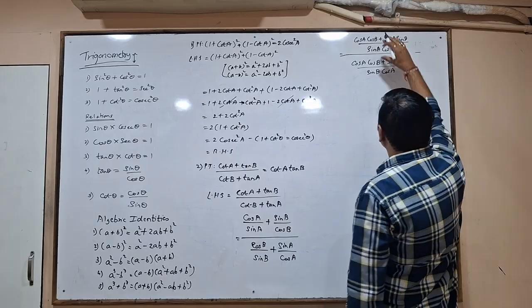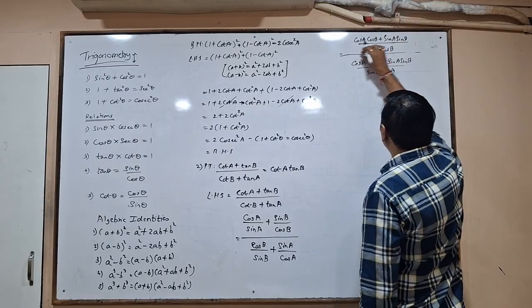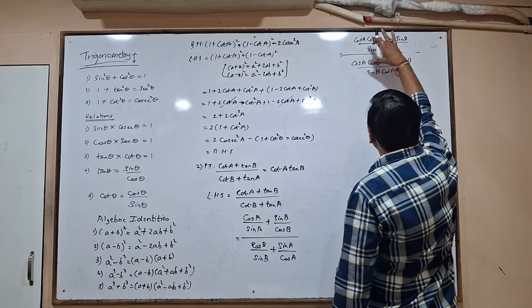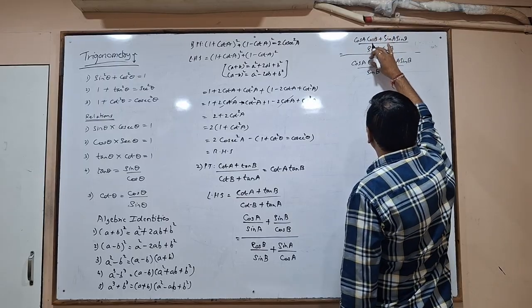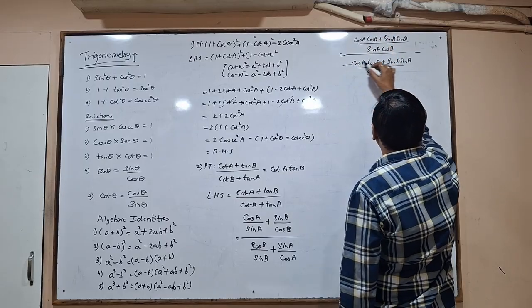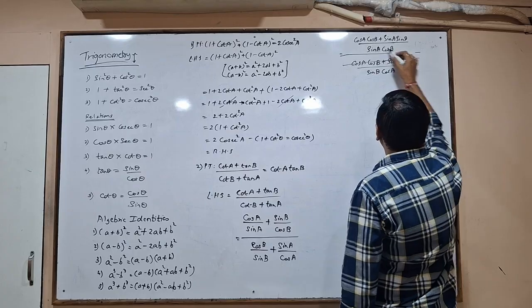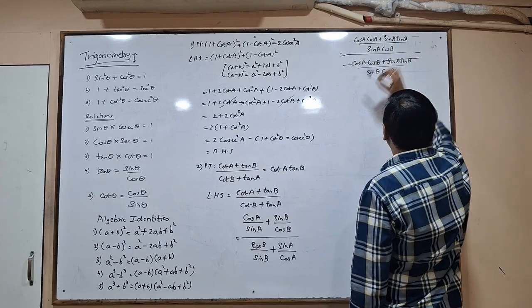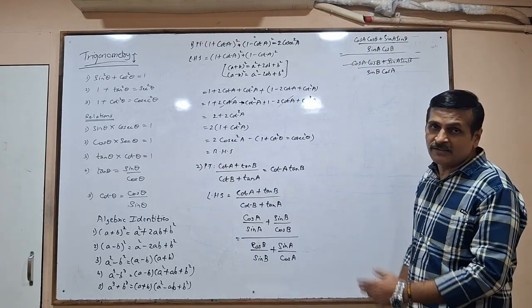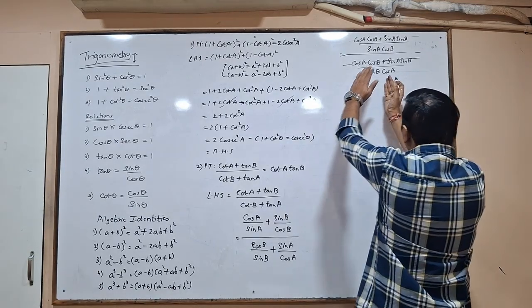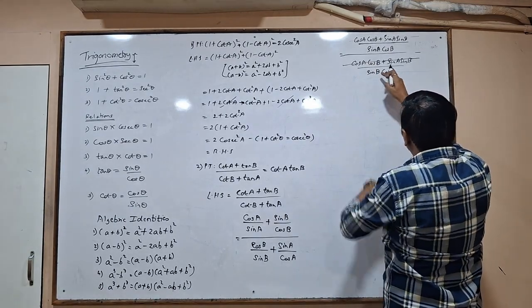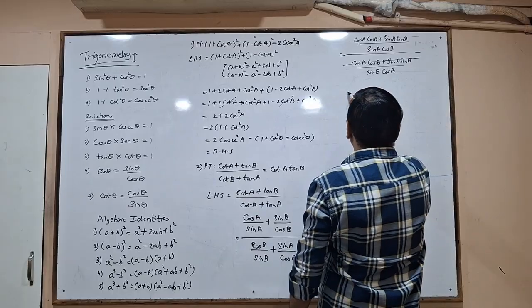If you observe, this is numerator, denominator, numerator, denominator. So this whole numerator and this whole numerator I can cancel because it is same. Now when I write the next step, this denominator will go to the numerator.